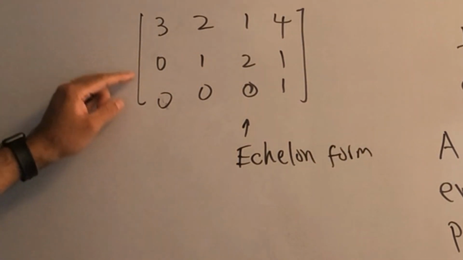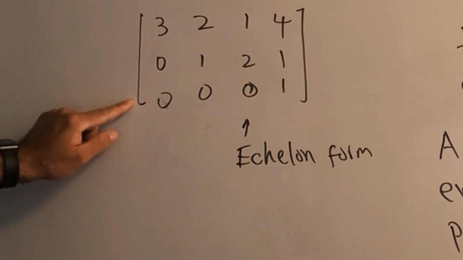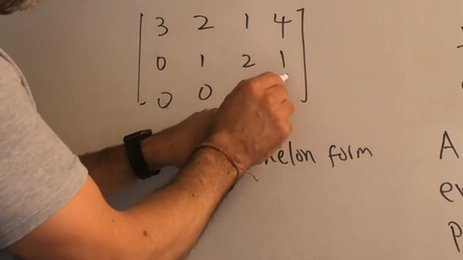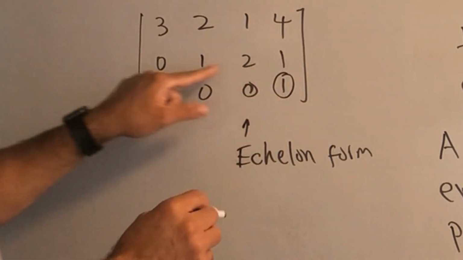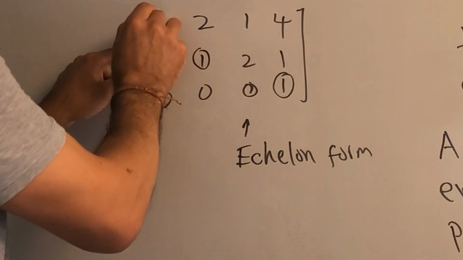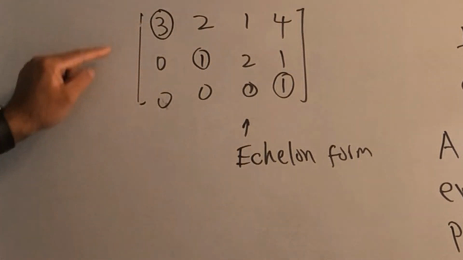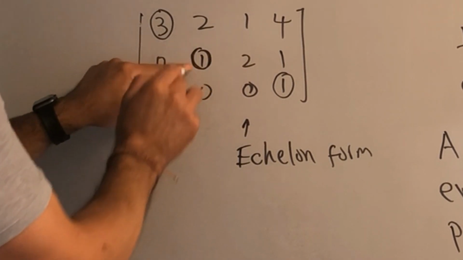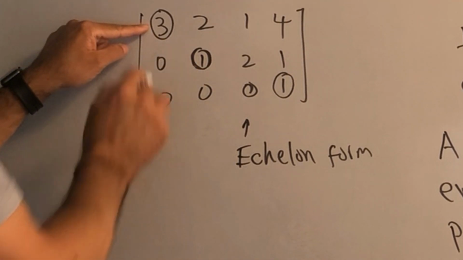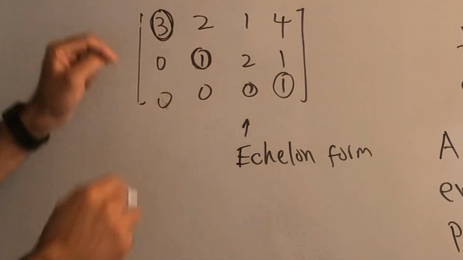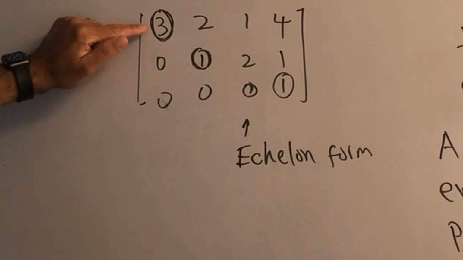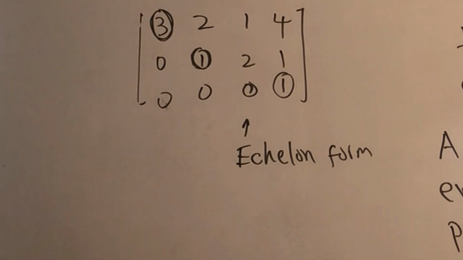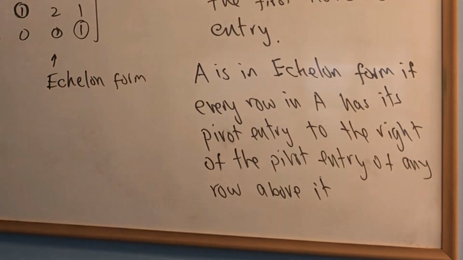The reason is that when we check any row, the pivot of this row is to the right of the pivot of the rows above it. And for the first row, there is nothing to check because there is nothing above it.